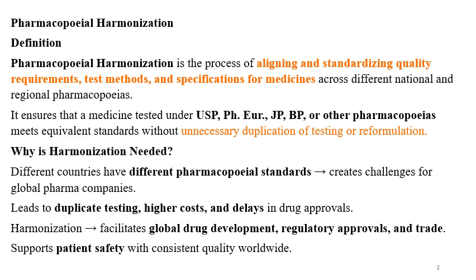So it will be difficult for you to meet both. But if the criteria are the same, if the testing parameters are the same and specifications are the same, then it will be easy and it will avoid reformulation. It will avoid unnecessary duplication of the testing. It will save your time as well.